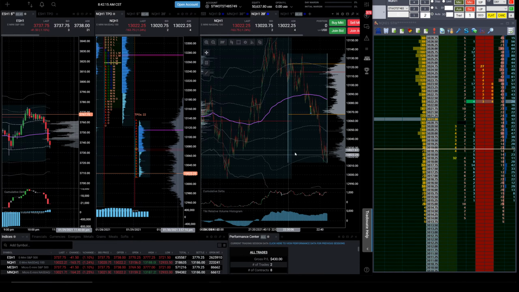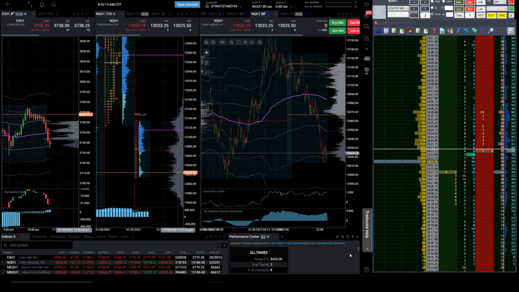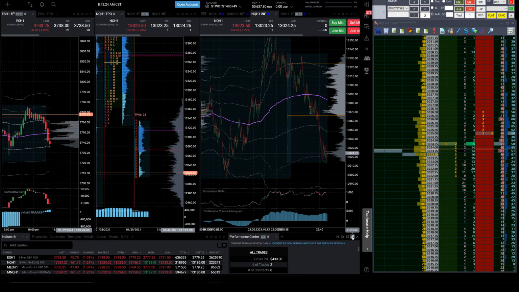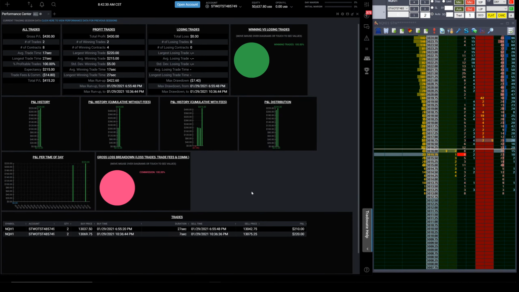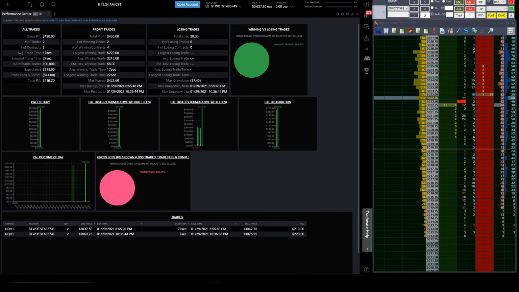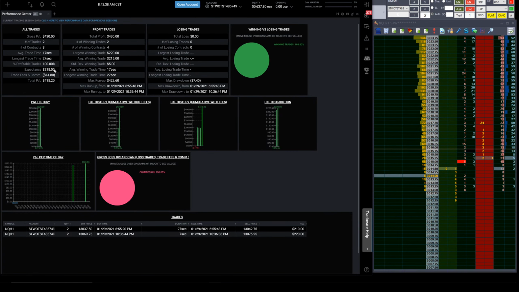Well, I can safely say that I'm going to be pretty happy with my $430 on the day here. I'm just not confident in this trading system, my platform. So I'm 2 trades, 415 net, 1480. Got an expectancy of $215 a trade.